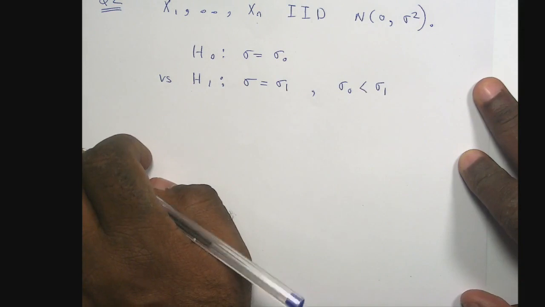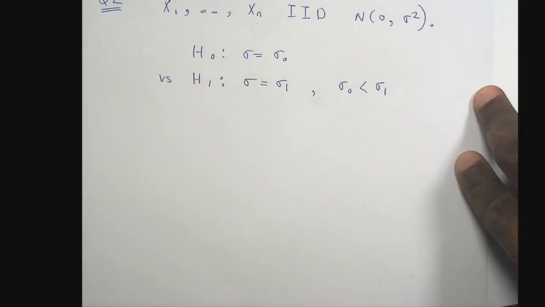All right, guys, shh, could you listen, please? This is question 2. The question is the same kind of question, to find the most powerful test, which basically means apply the NP lemma, right?